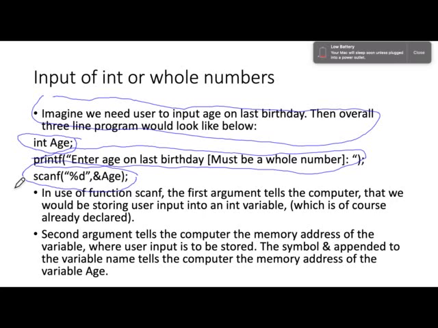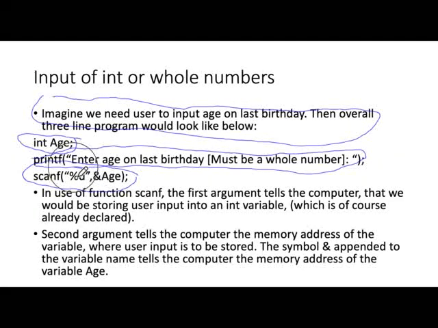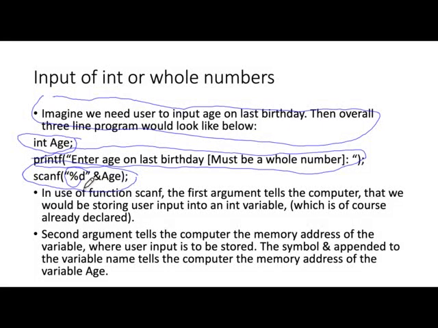Now, the way scanf is done here, the first argument, which is %d, tells the computer that we would be storing user input into an int variable. Remember from the previous video that format string for the integer is %d.